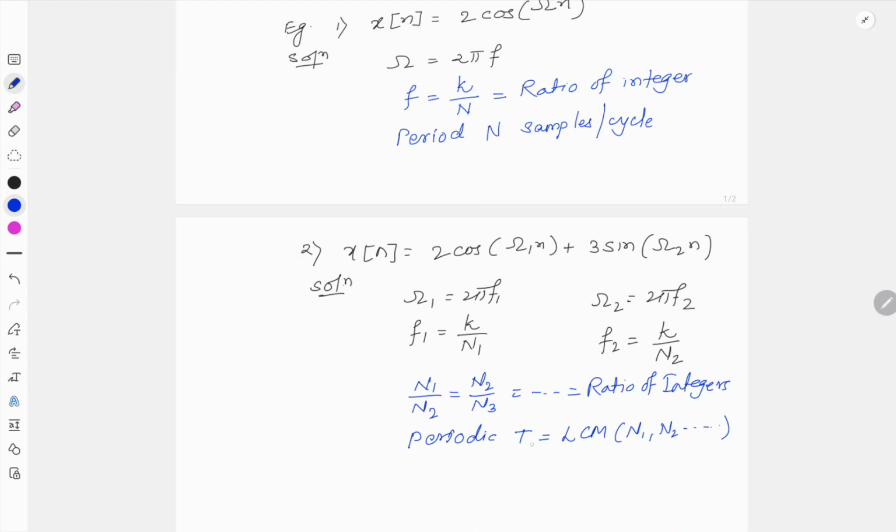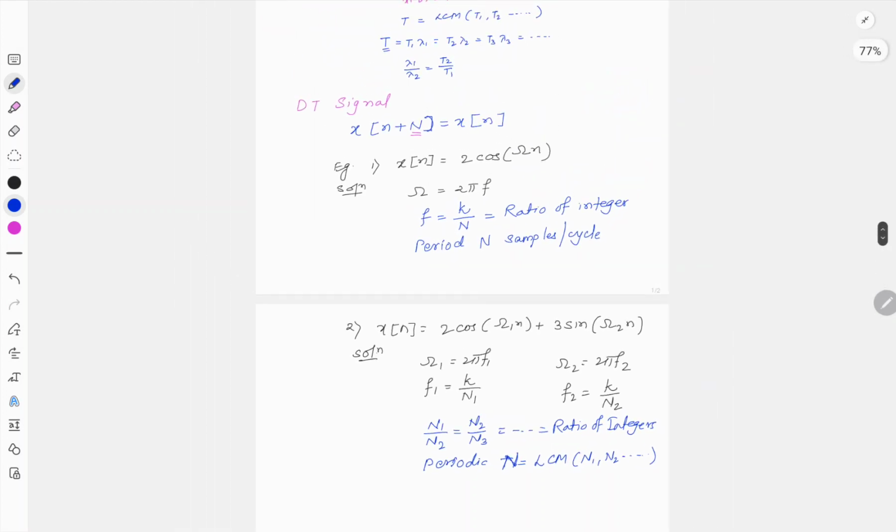So again here, to find the period, it is not T, it is N, which is the LCM of n1, n2, n3 and so on. This N can be obtained using the equation we used in the CT form, lambda 1 by lambda 2 equal to t2 by t1. Here we have lambda 1 by lambda 2 equal to n2 by n1, find the values of lambda, substitute them, and we get the LCM for N.